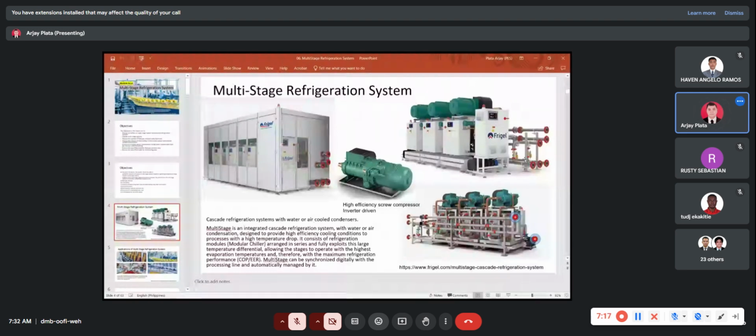Ito yan. So ito yun. This is the front and this is the back view. So there are three units, meaning there are three stages of refrigeration. There are also three sets of compressors. The compressors are mounted on the top of the units.